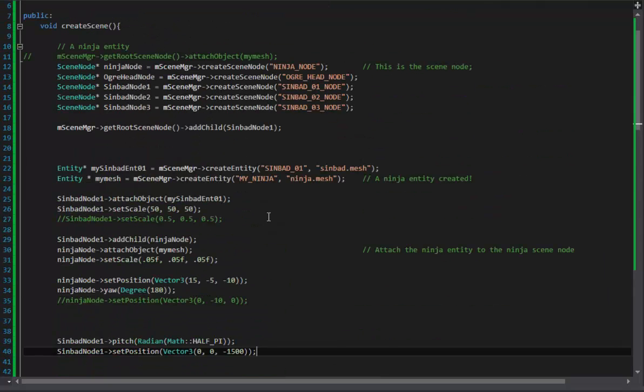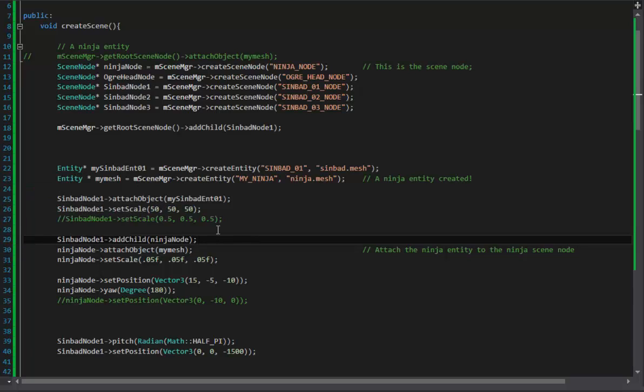First thing, we already have these other Sinbad nodes, and I think I like the Sinbad, so let's actually swap. Let's make the Ninja node the parent of everybody, and then the Sinbad node the child. So how can we do that?